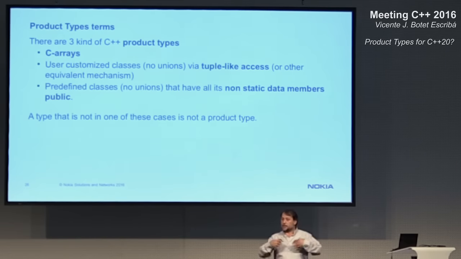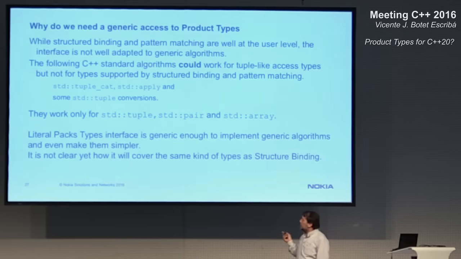Okay? We have some product types predefined by the language, and we can customize them using the tuple-like access. This is what we have now that we name a structure binding. I want to name them product types, and I need a generic access to these types.